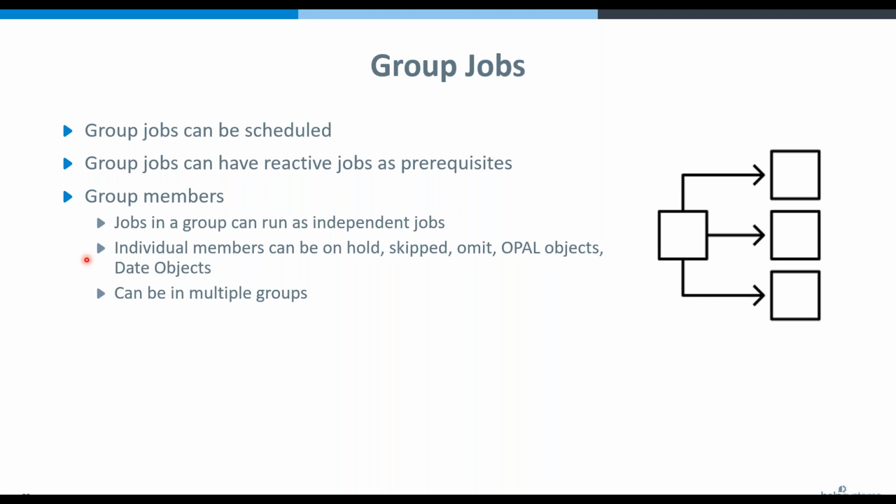They can also have additional exception scheduling placed upon them. So for instance, maybe there's a job in the group that I don't want to run on Wednesday, but the rest of the group runs Monday through Friday. You could schedule that type of exception scheduling on an individual job inside of a group. And another unique feature is that an individual job could be part of multiple groups.